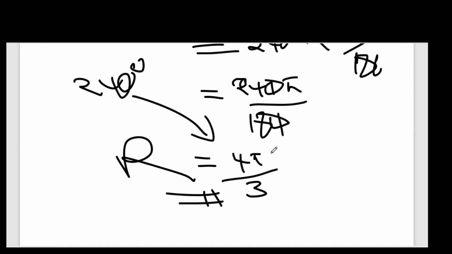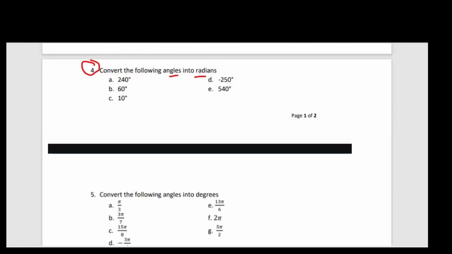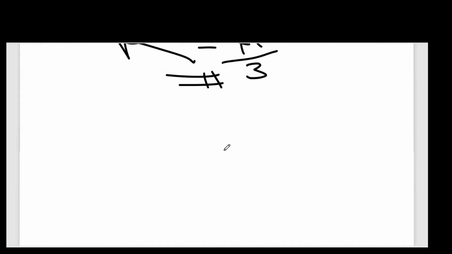I'll just solve one example because this is very simple. Well, let me solve another one for the sake of someone who has not understood. Convert negative 250 to radians. Whenever you see a negative angle, we can find the positive angle of this.